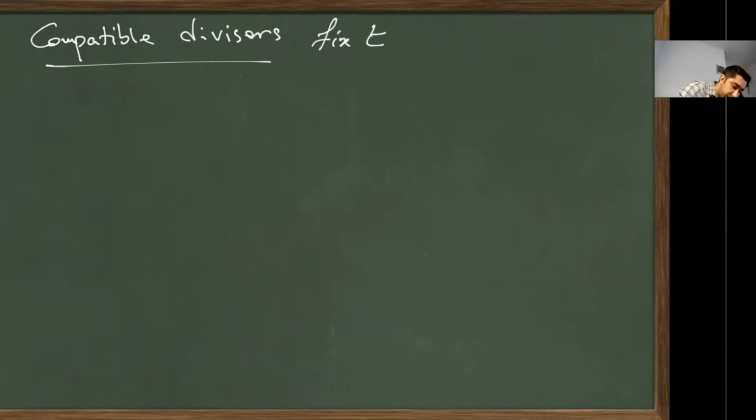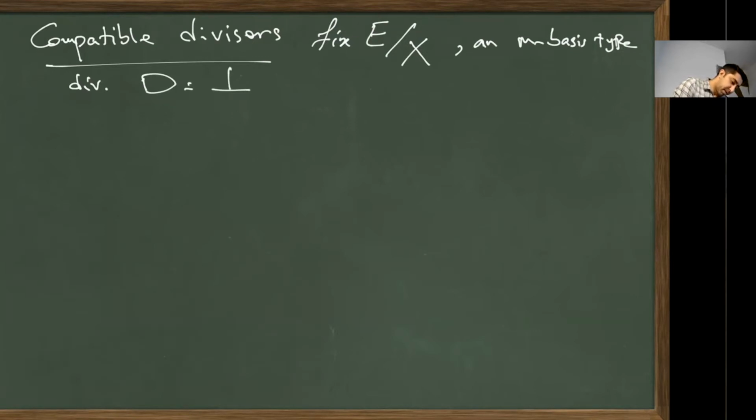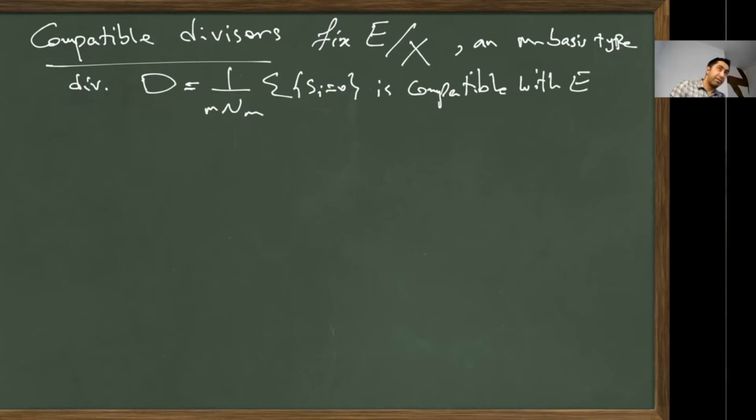So you start with a divisor E over X. So it's either a divisor in your variety or it's on some blow-up of X, so it fits some model of X. And then you say an M basis type divisor D, which I write again as the average of the sum of its s_i, is compatible with E.